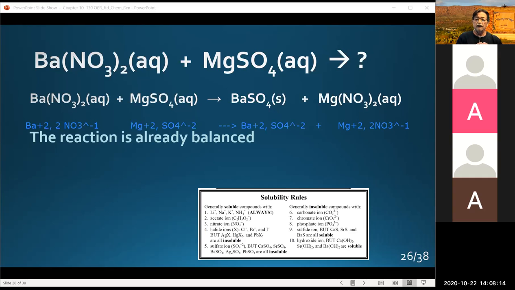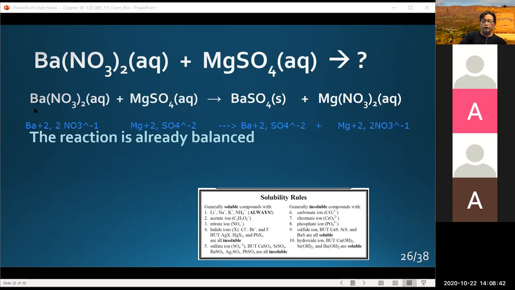If I have 1,000 million molecules of barium nitrate, how many molecules of magnesium nitrate do I need? Let me restate that.